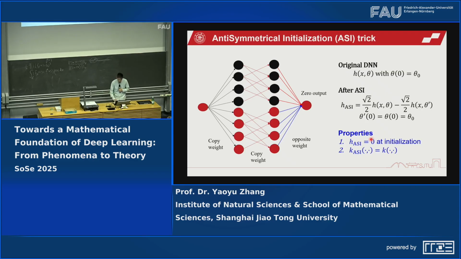All these parameters are duplicated exactly the same as the black one. I first initialize the black one by drawing from some random distribution, and then I duplicate all these weights to the red one. It's only at the last layer that I have a minus sign.